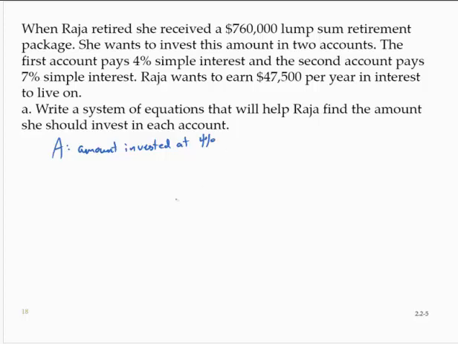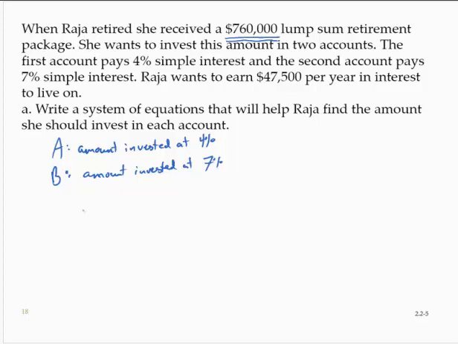Since there are two quantities we don't know, how much is invested in the first account and how much is invested in the second account, let's say that A is the amount invested at 4%, and B is the amount invested at 7%. Now, we know that the total amount invested is $760,000.